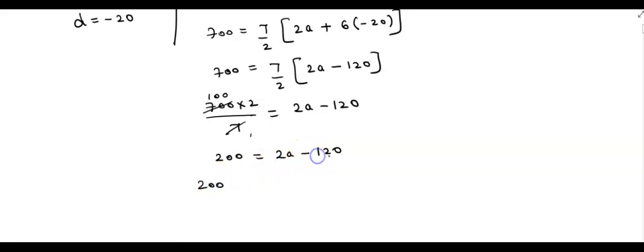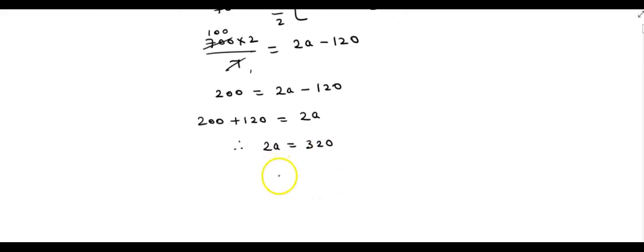So 120 comes this side, plus 120, equal to 2a. Therefore 2a is equal to 200 plus 120, which is 320. Then a is equal to 320 divided by 2.